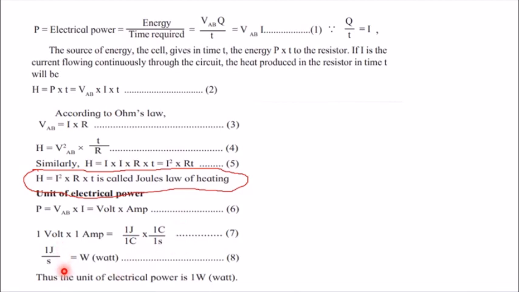So that is 1 joule upon second, which is 1 watt, W. Thus the unit of electric power is watt. This electric power unit we have already learned in 9th standard. You can even refer to your 9th standard textbooks. So this is the main equation that we have got, that heat is equal to I square R t, and this is called Joule's law of heating.